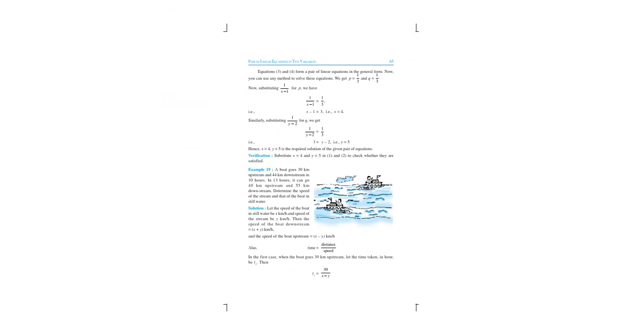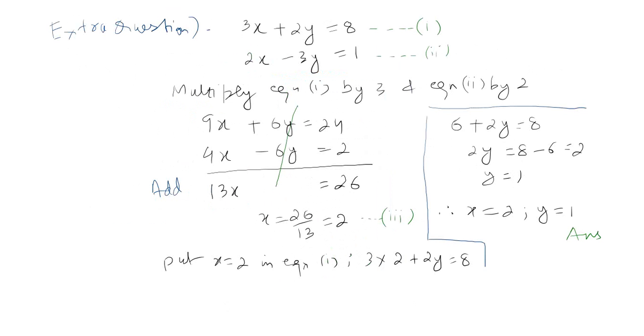Okay, this was the last question. Then I'll take up this question. Question 1, postcard. So the question is x upon 2 plus 2y upon 3 is equal to minus 1.